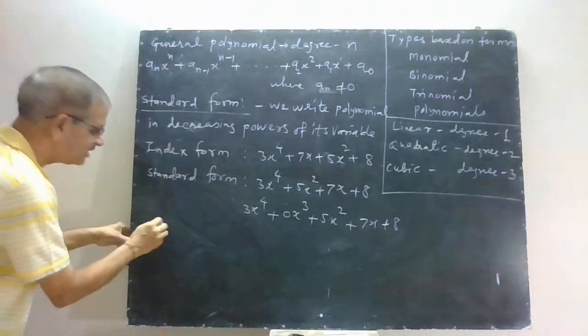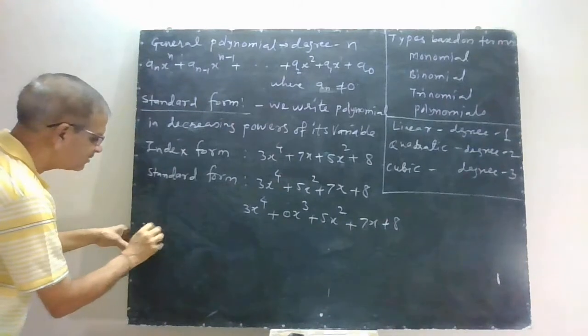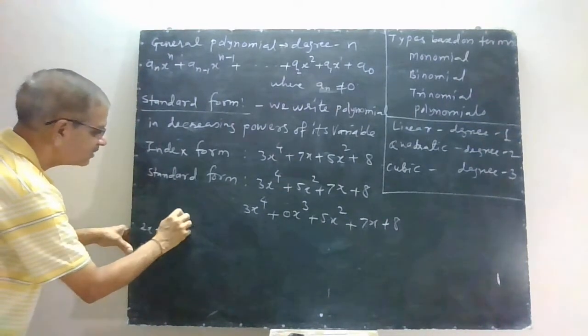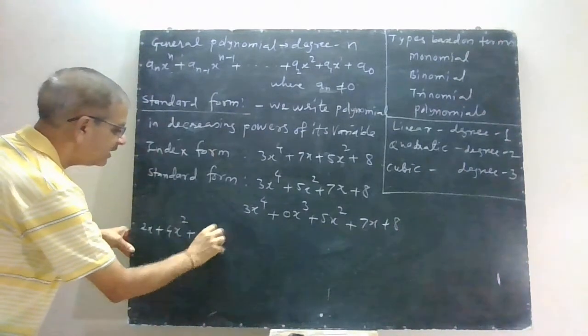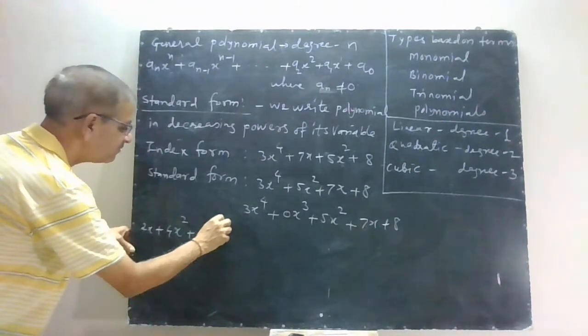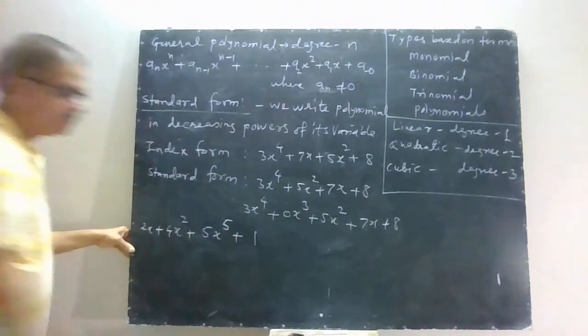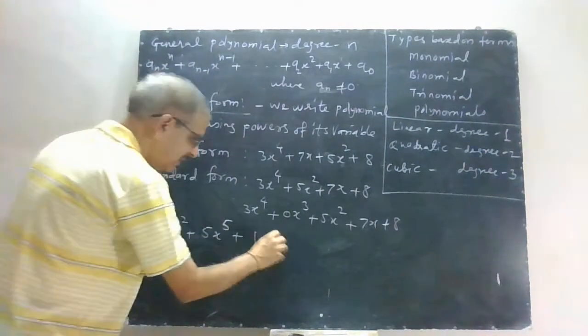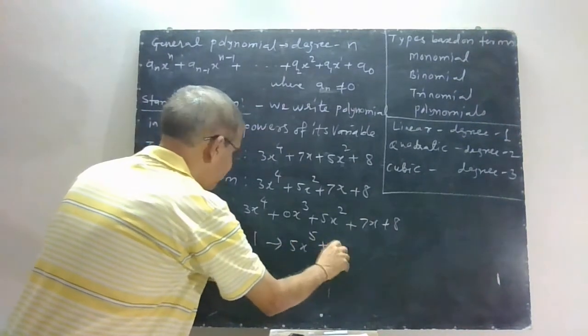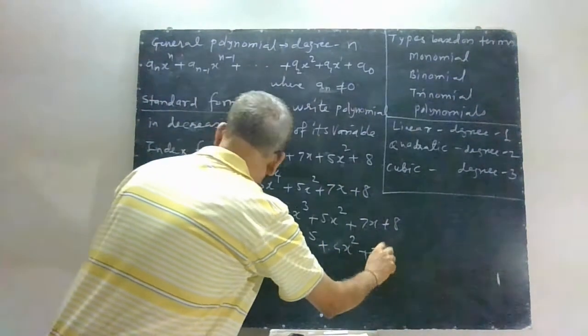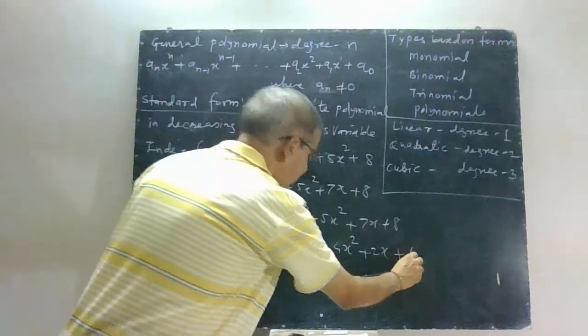You can take one more example: 2x plus 4x square plus 5x raised to 5 plus 1. First of all you have to write its standard form. This is 5x raised to 5 plus 4x square plus 2x plus 1.